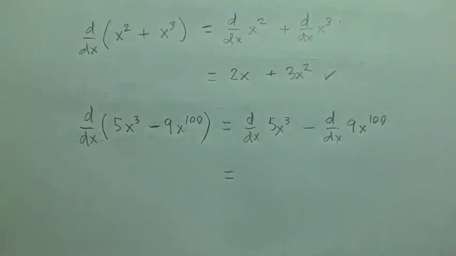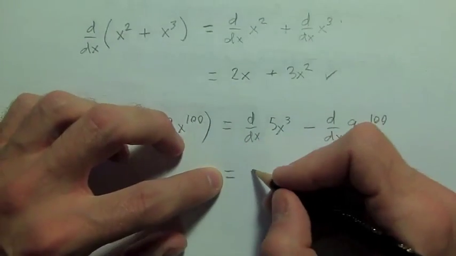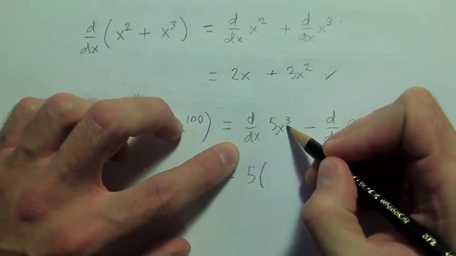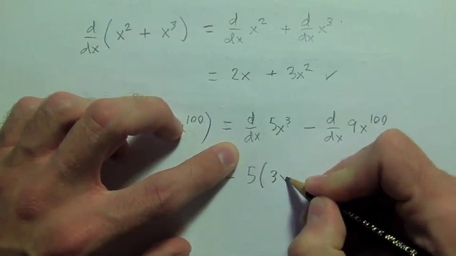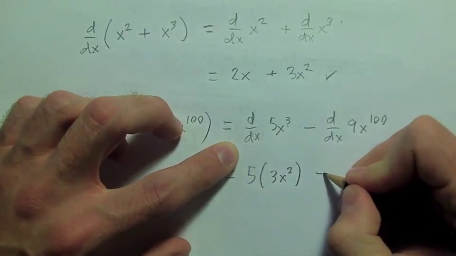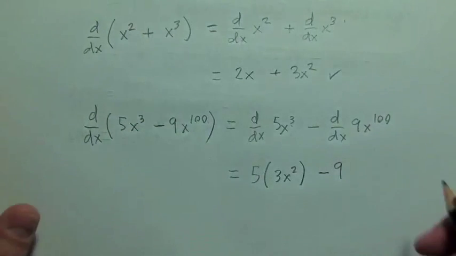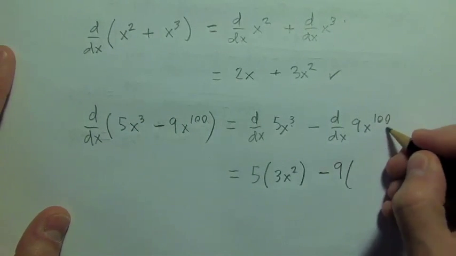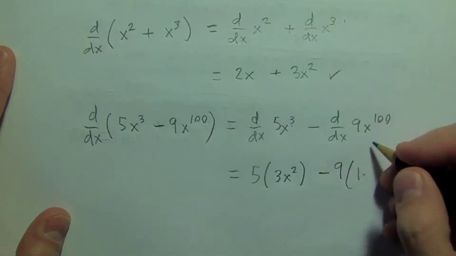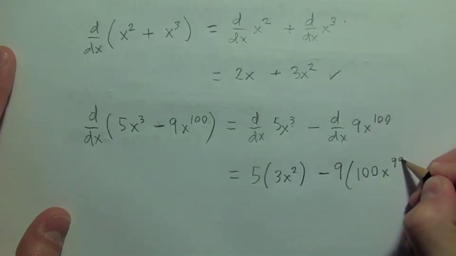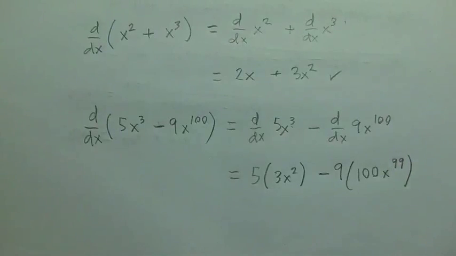So I'm going to write this out step by step here. This 5x cubed, that derivative will be 5 times the derivative of x cubed, which is 3x squared, minus 9, because those constants just come along for the ride, times the derivative of x to the 100th, which will be 100x to the 99th.